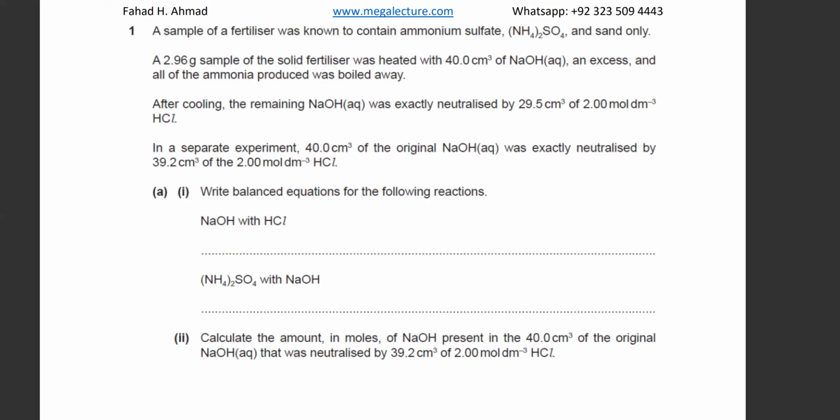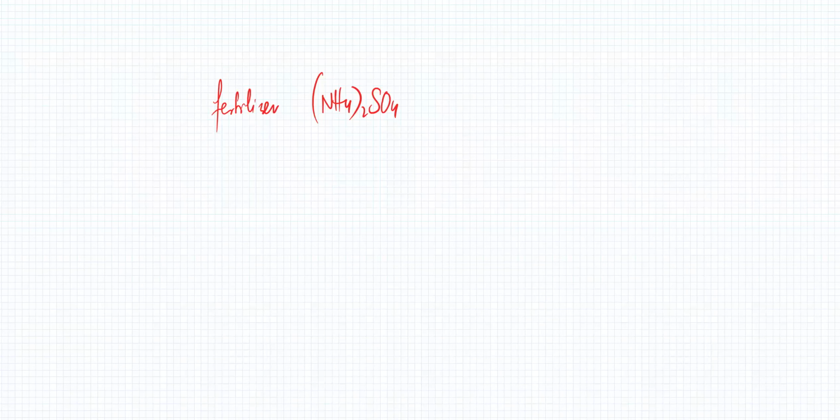The question states that there's a fertilizer and it contains ammonium sulfate. And then it states that there's 2.96 gram of the solid fertilizer. It's heated with 40 cm cube of NaOH in excess. Again, it's in excess. So the fertilizer over here is heated with excess NaOH.